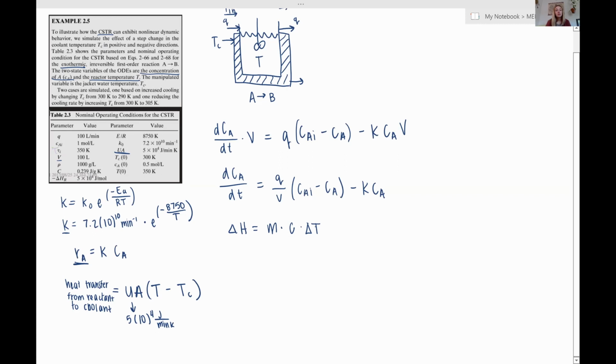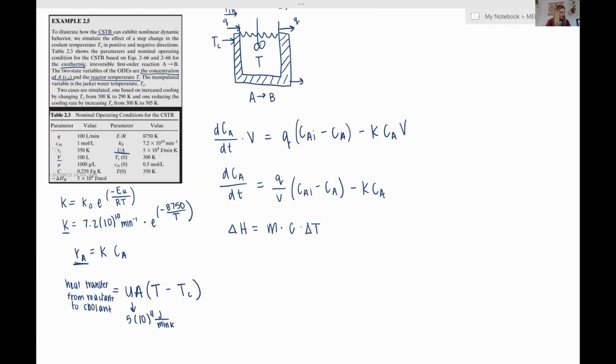So again, we're going to be using the same principle of material and energy balance problems where accumulation is equal to what is going into the tank minus what's going out of the tank minus what's being consumed.